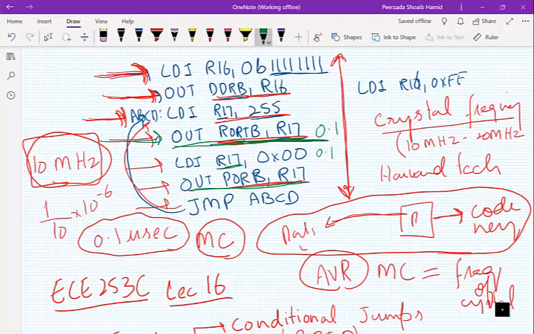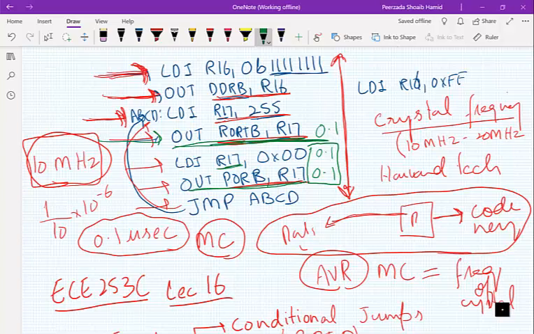That means after turning on, our LEDs will be on only for 0.1 plus 0.1 microseconds. That means our LEDs will be on only for 0.2 microseconds before they are turned off again.